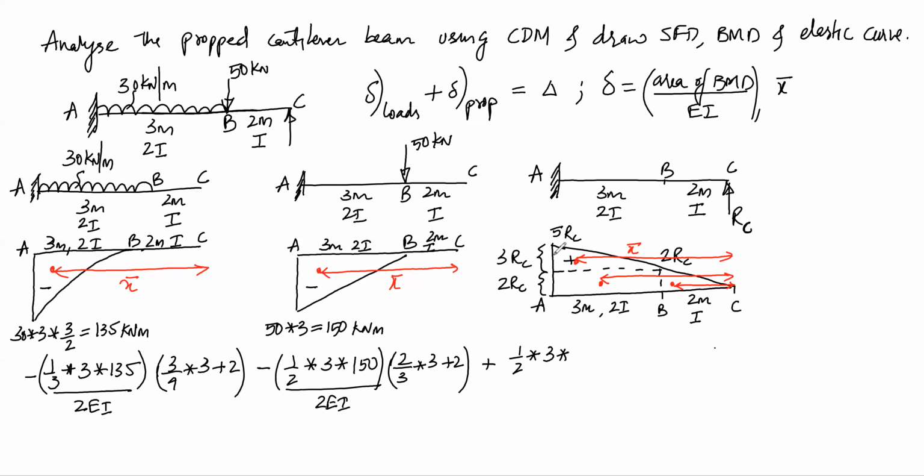Height of this triangle is 3 times RC divided by EI, and EI for this triangle is 2I, so this will be 2EI, and the centroidal distance for the triangle will be 2/3 of base plus the remaining 2 meters, so it will be 2/3 of 3 plus 2. This is for the bigger triangle.